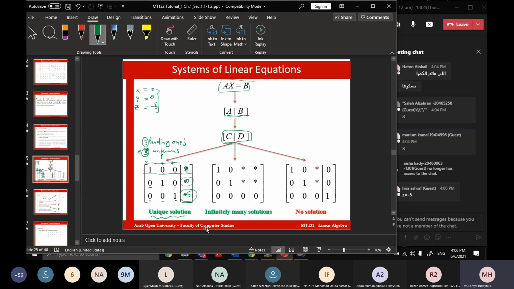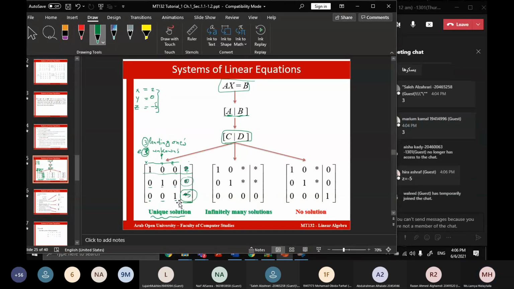The first case is that when you reduce to the echelon form, if you find something like that, with 1s on the diagonal like this, is that clear? It will be a diagonal matrix where all the diagonals are 1 and all the other entries are zeros.